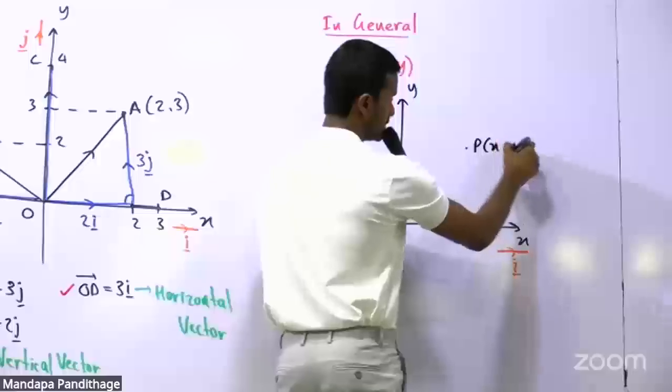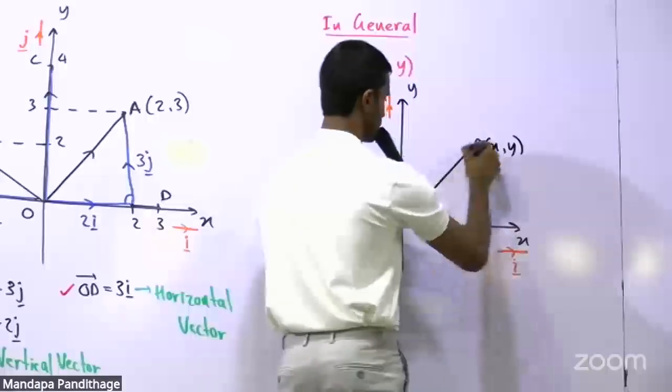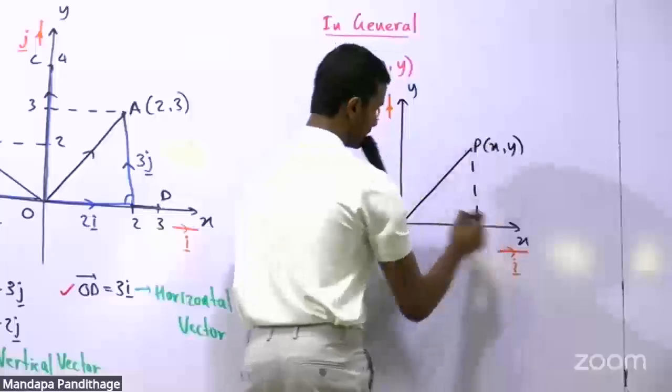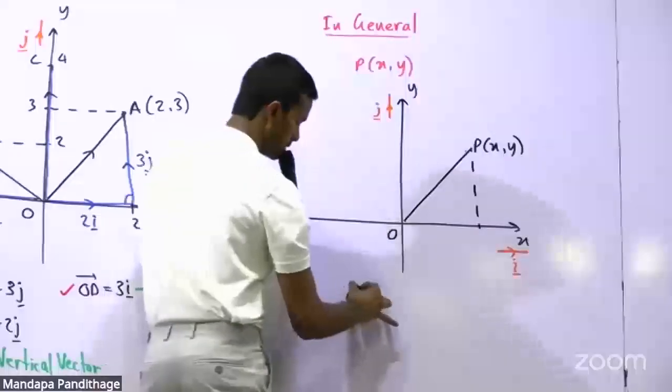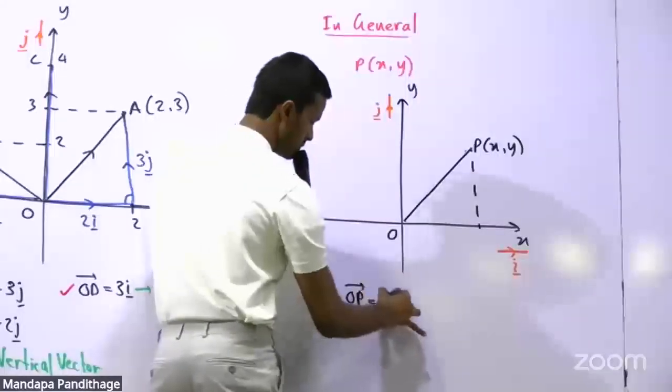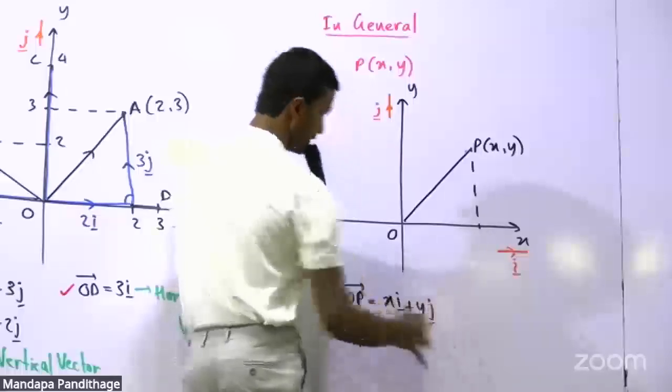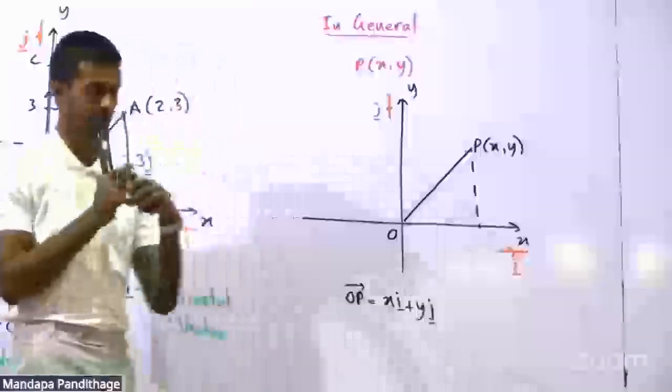Then it is clear you can write vector OP is equal to xI plus yJ.